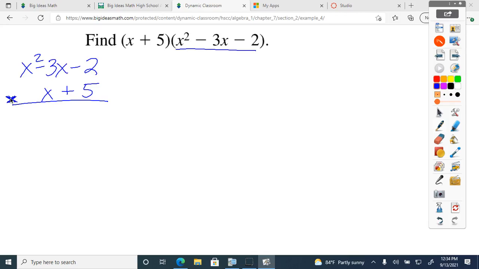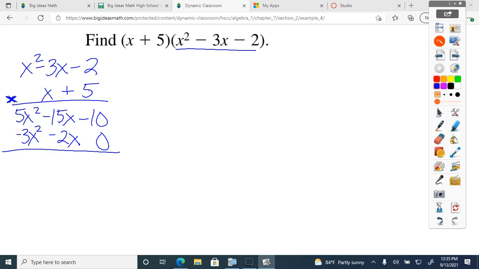So 5 times negative 2 is negative 10. 5 times negative 3x is negative 15x. 5 times x squared is 5x squared. Leave a space. X times negative 2x. X times negative 3x is negative 3x squared.